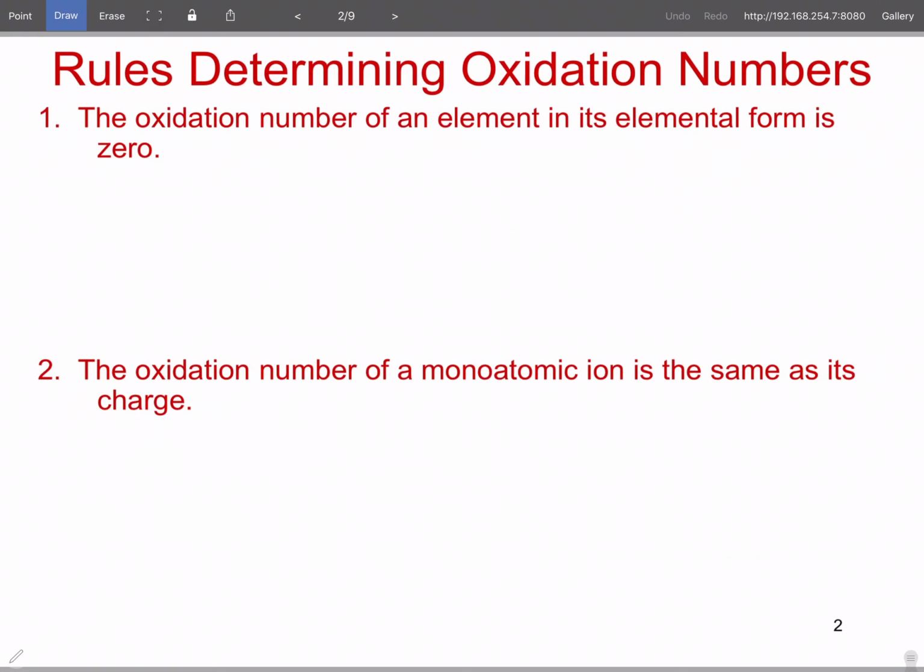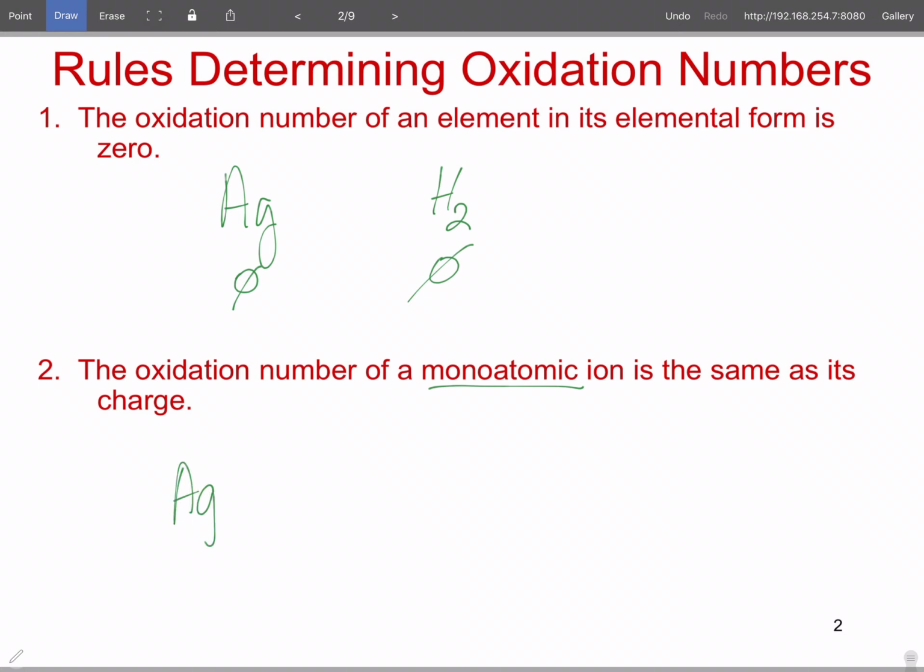So the first rule is the oxidation number of an element in its elemental form is 0. So if I have silver, no charge, then it is 0. If I have a diatomic like H2, it's 0 as well because that is the elemental form. Okay? The oxidation number of a monoatomic ion is the same as its charge.